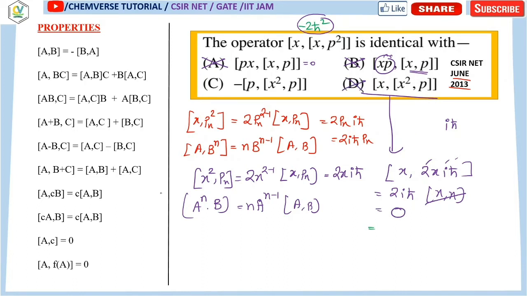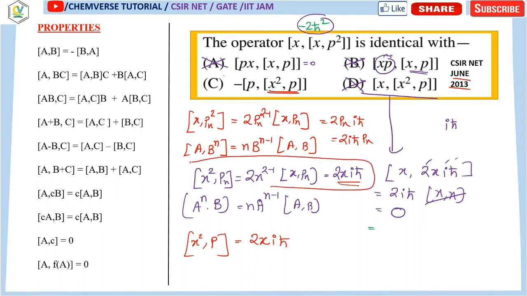Now checking option number C. For option number C, what I can see is that this x square p has a commutation value of 2x i h cross. We just determined it over here.